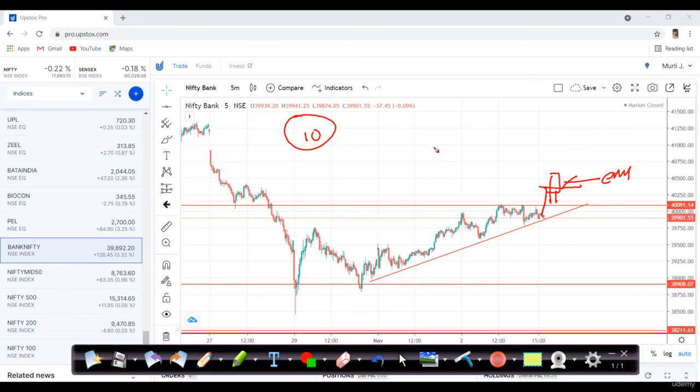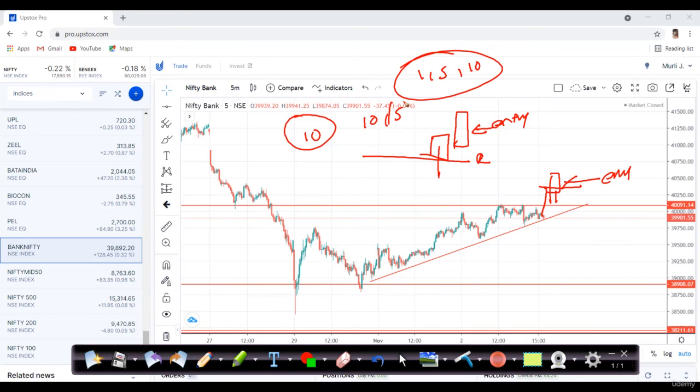Otherwise, do not make an entry. What are the two rules? On 10 minutes or 15 minutes, more than 10 minutes, suppose this is the resistance, the market needs to close one candle here. Then if any candle crosses this candle, make an entry at this crossing line. This is the difference between 1 minute, 5 minute and 10 minute.